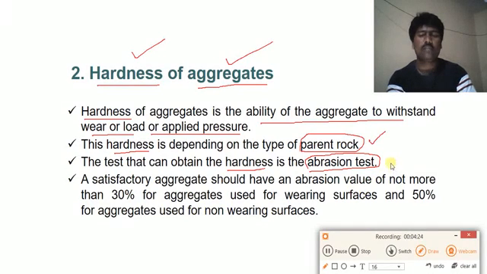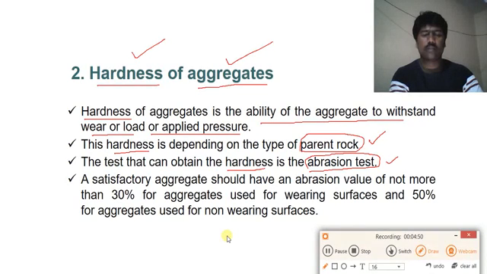We will see how this test is performed in the coming modules. After performing this abrasion test, what should be the minimum value that justifies the hardness of an aggregate? That depends on the application where you are using these aggregates.